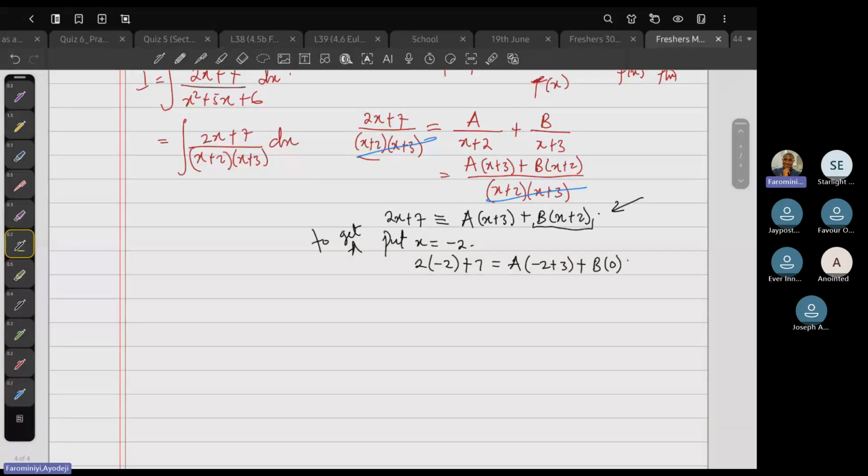So this means -4 plus 7 is equal to A. So that means A is equal to 3. The next one, to get B, what should we use as x this time around? -3.